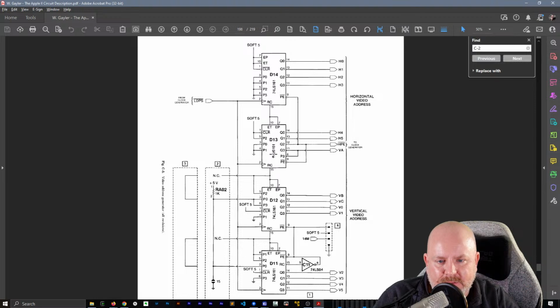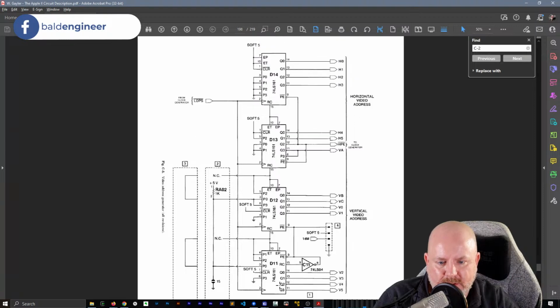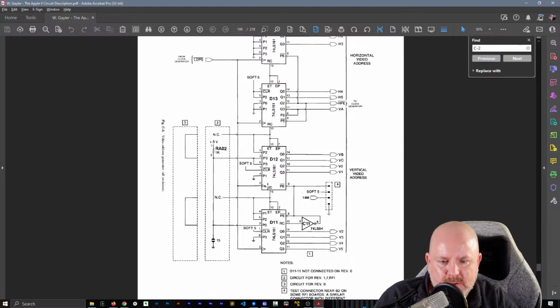And then 13's 15 connects to 10 and 7. So 15, 10 and 7, 15, 10 and 7. So those three on all four of these are connected. But then this goes to P2 or a no connect. And that goes to a resistor. That goes to a no connect.